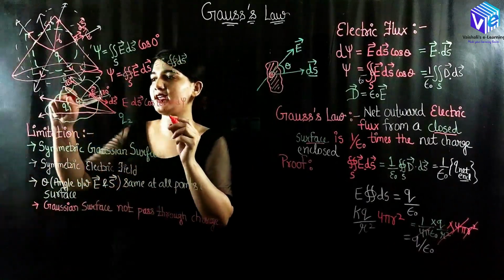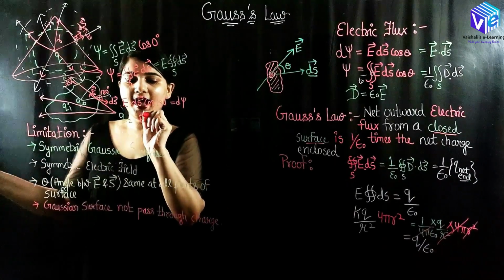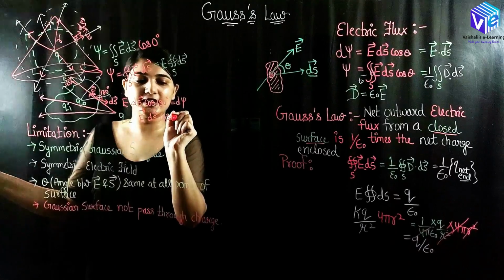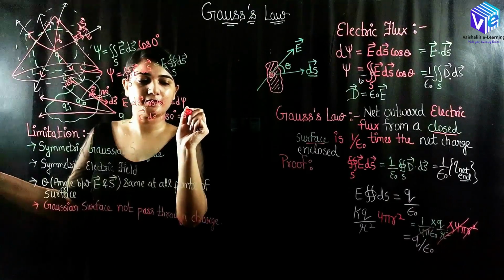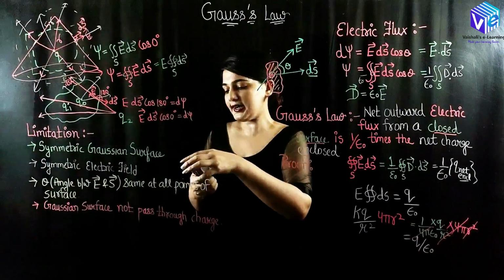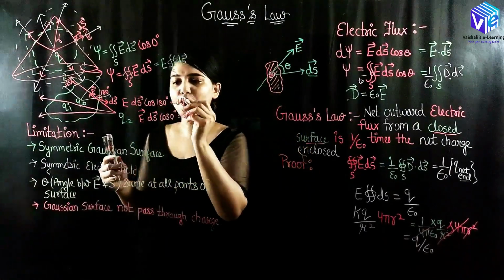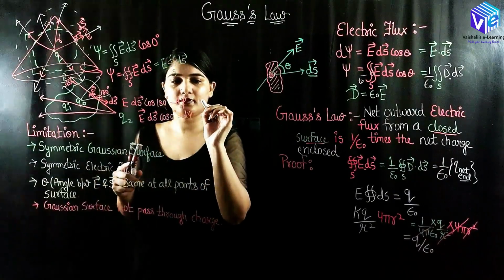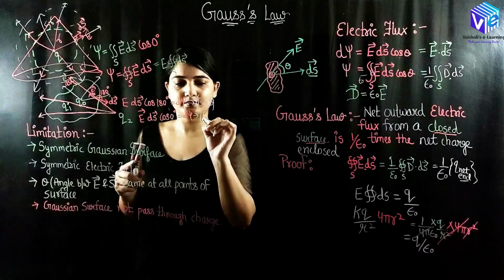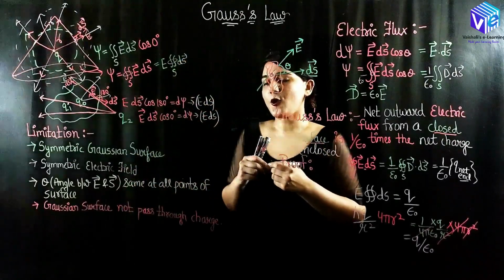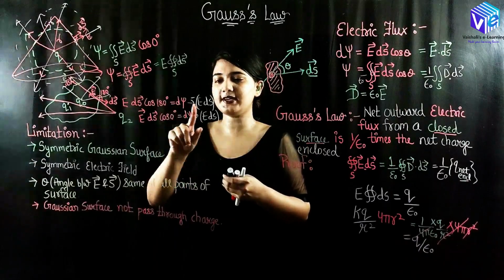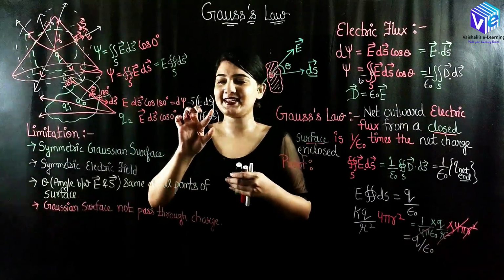Here you can see the surface vector and the electric field are in the same direction, so they are making a 0-degree angle. This is how I can denote my small electric flux in both cases. Now let's observe this. Cos of 0 is 1, so here I will get E ds, and cos of 180 is -1, so here I will get minus E ds.